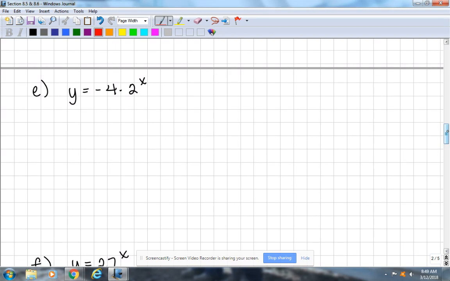So this one has a similar concept. We're raising to a power and we're multiplying it times something. Oopsie. I'm going to use negative 1, 0, 1, 2. Negative 4 times 2 to the x.